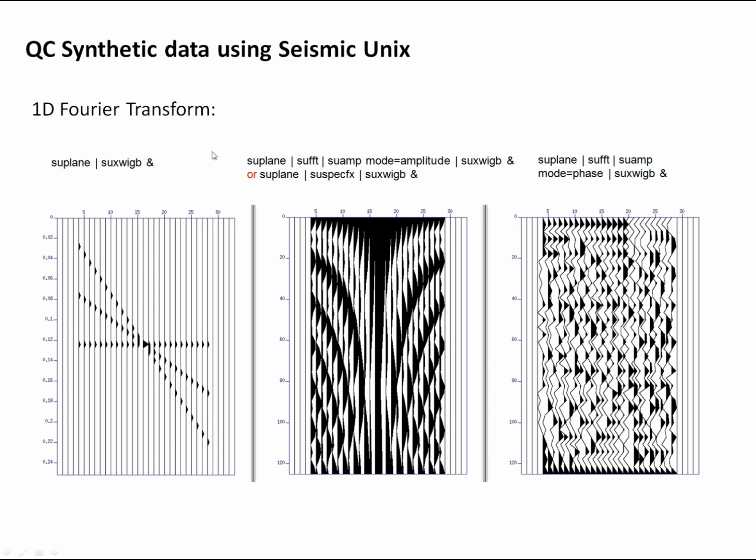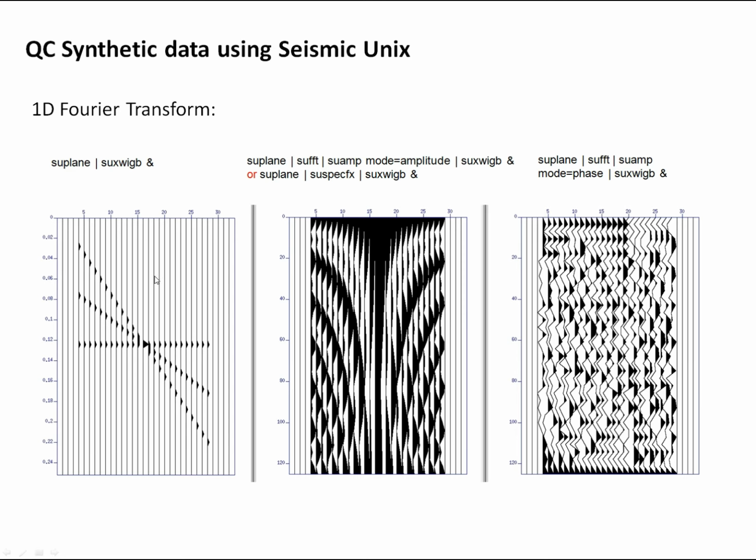Now the 1D Fourier application. On the left is the input, and in the middle is your amplitude spectrum. This is X and time, and here you have X and the frequencies. Because it's a 4 millisecond data set, your Nyquist frequency will be 125 Hertz.